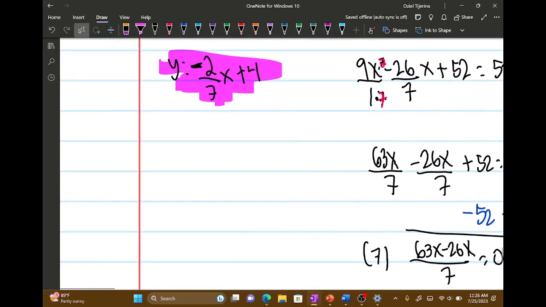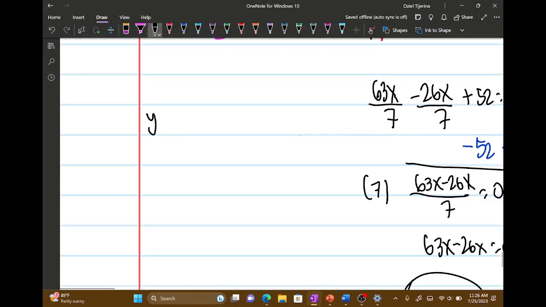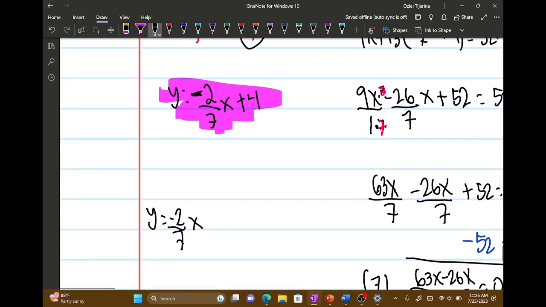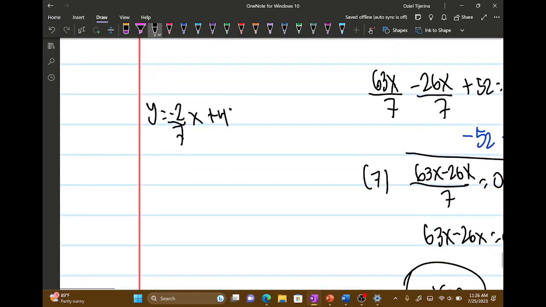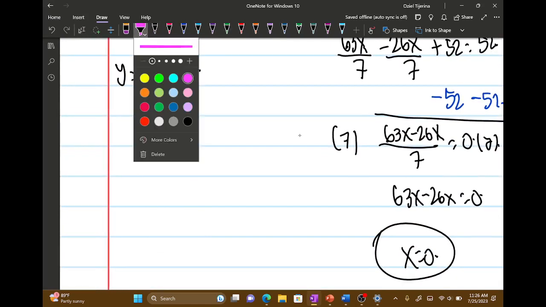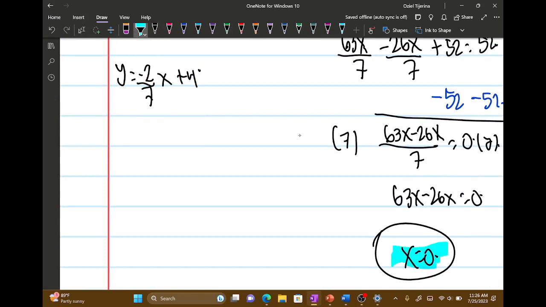Now we have our equation that we solved for y, and we plug x equals 0 into it. So y equals negative 2/7 x plus 4, which is y equals negative 2/7 times 0 plus 4.